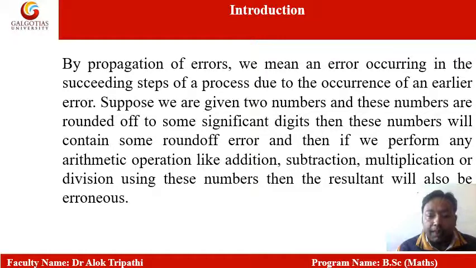So when we add these two numbers or we subtract one from another, or we multiply or we divide, then the result will contain errors as we have rounded off the original numbers.